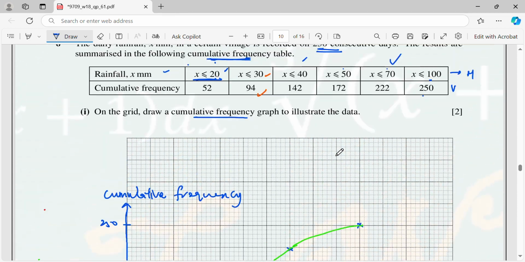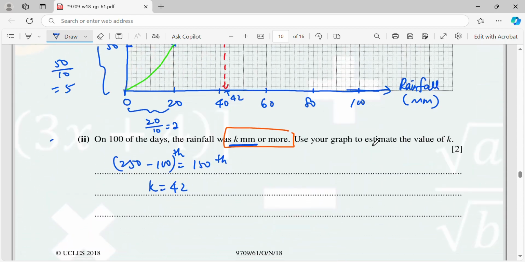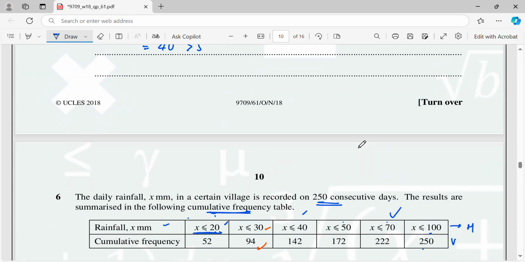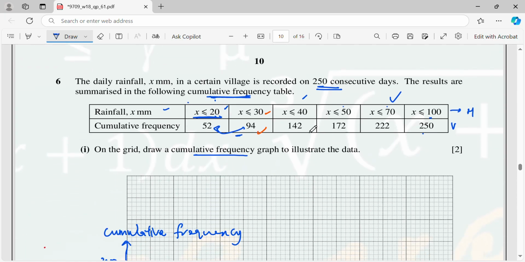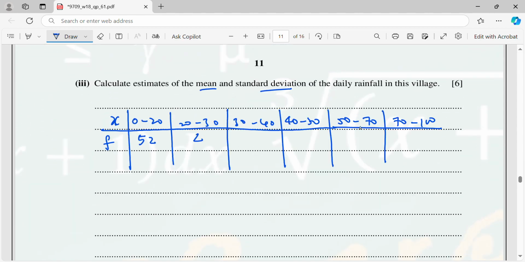Then the next is cumulative frequency. The first one is 52. So the frequency will be 52. Okay, the second class, the cumulative frequency is 94. So it means that the frequency itself is 94 minus 52, right? Then you'll be getting 42. So here, I will get 42.